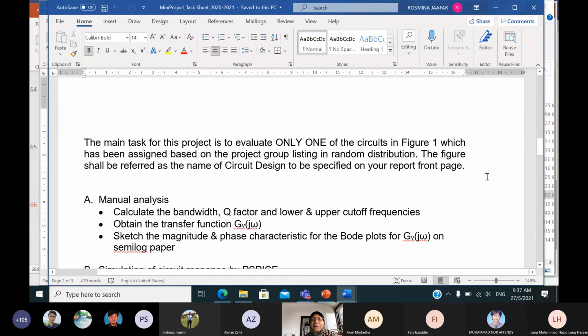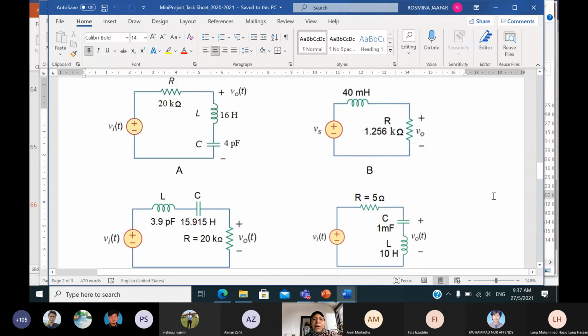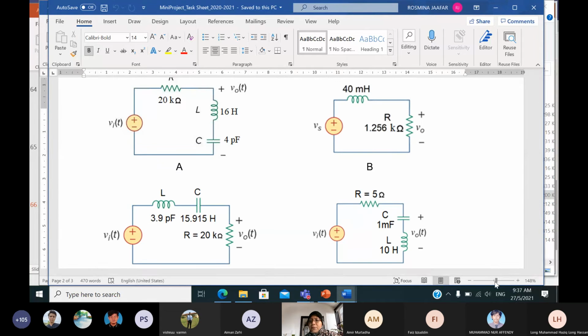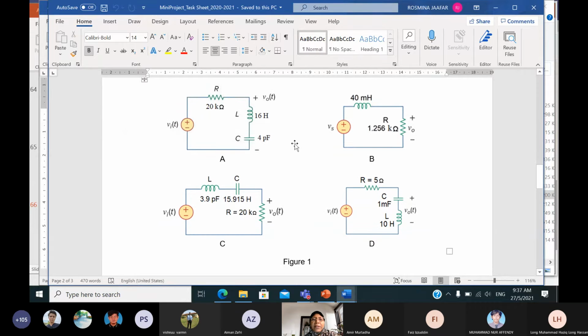Okay, the main task of the project is to evaluate only one of the circuits from figure 1. Okay, and this figure 1 actually consists of figure 1A, 1B, 1C, 1D.